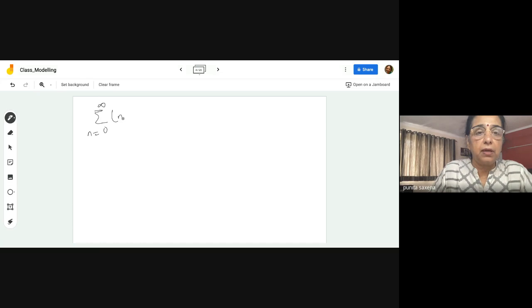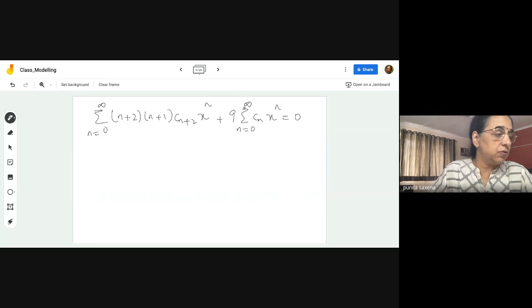What will come here? (n+2)(n+1) c(n+2) x^n plus 9 summation cn x^n equal to 0, but again n from 0 to infinity.